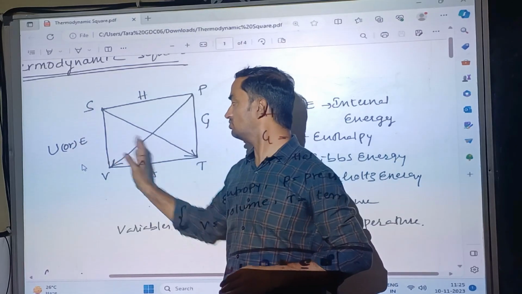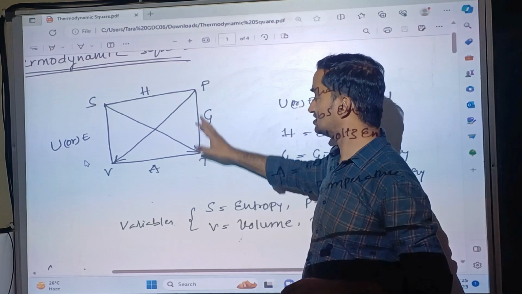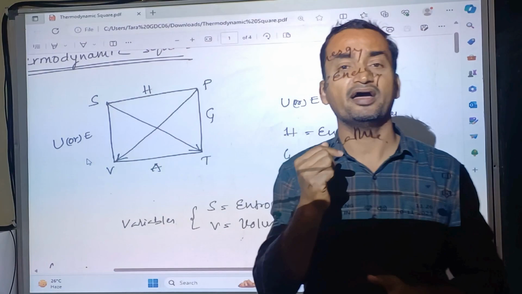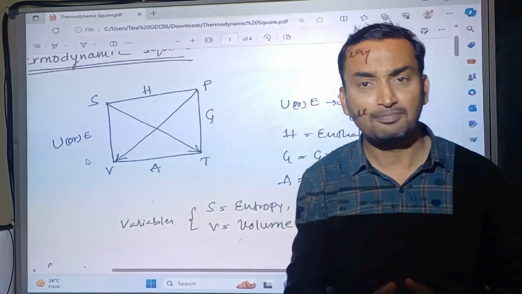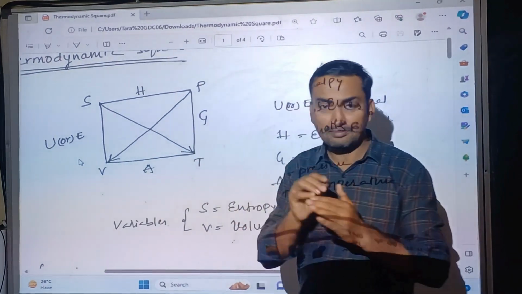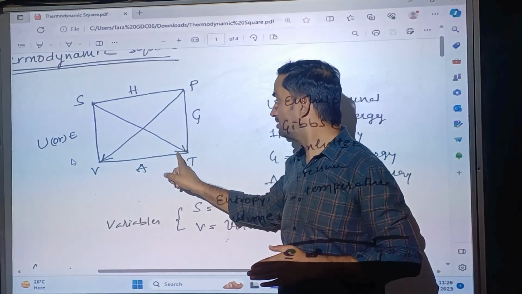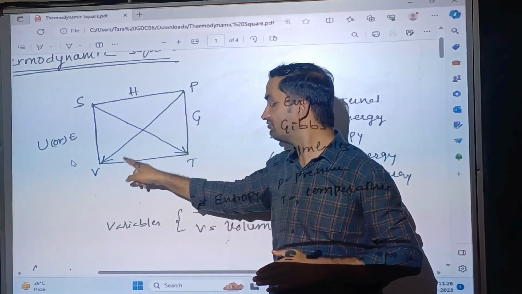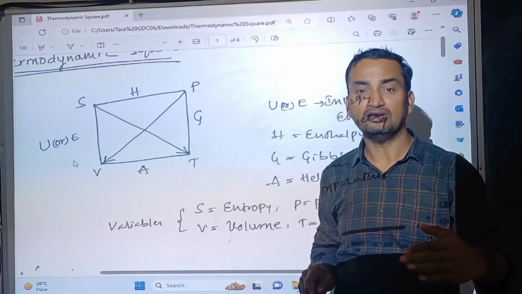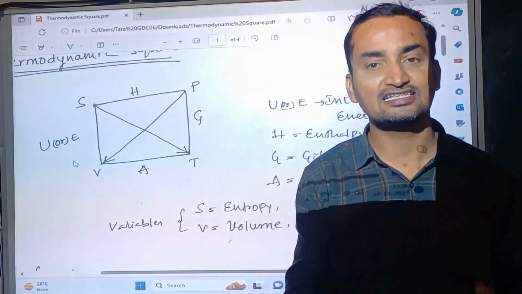G, H, U, A. We have to differentiate the respective variables, that is partial differentiation, followed by multiplication. And before that we have to keep the plus or minus sign before those values by seeing whether arrow mark is away from the variable or towards the variable. If the arrow mark is away from the variable, we have to keep plus sign before that. If arrow mark is towards the variable, we have to keep minus sign before that.